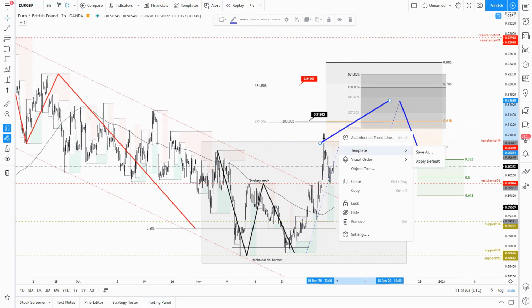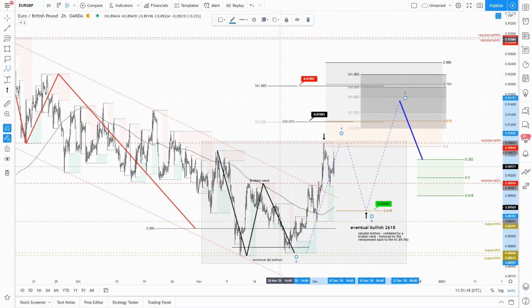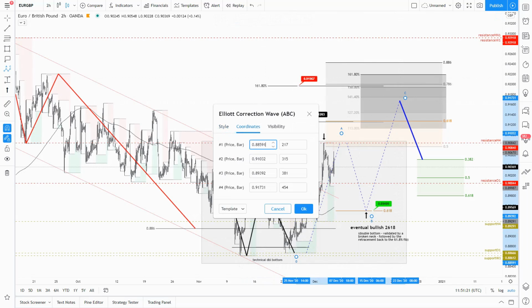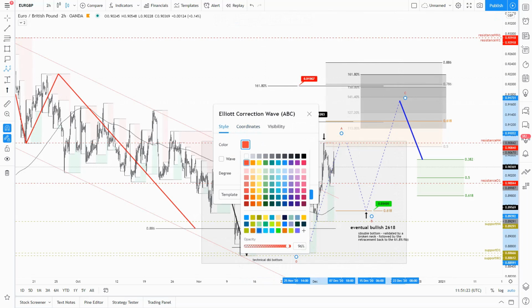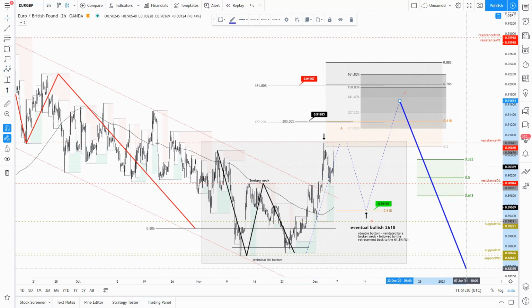Okay, of course, instead of an ABCD pattern, which tends to offer more upside momentum later, it can offer us an ABC correction, and we will see that will depend on the shape of this next swing, but it can print us an ABC correction and then be used more as a trigger for more bearish momentum.